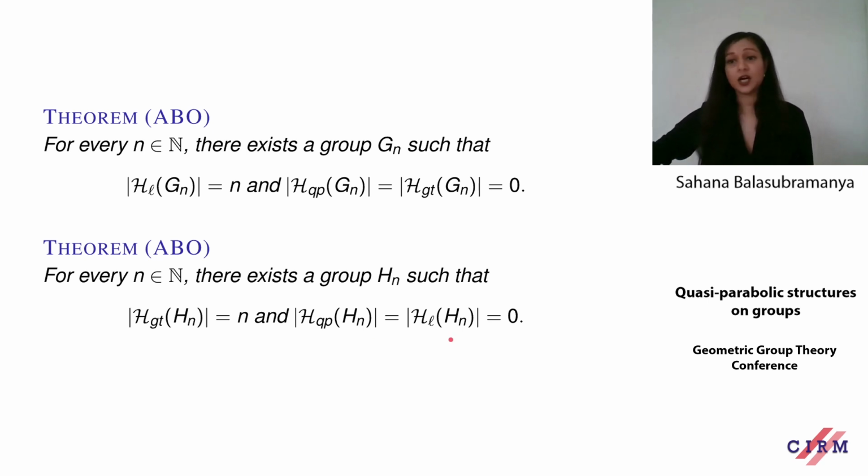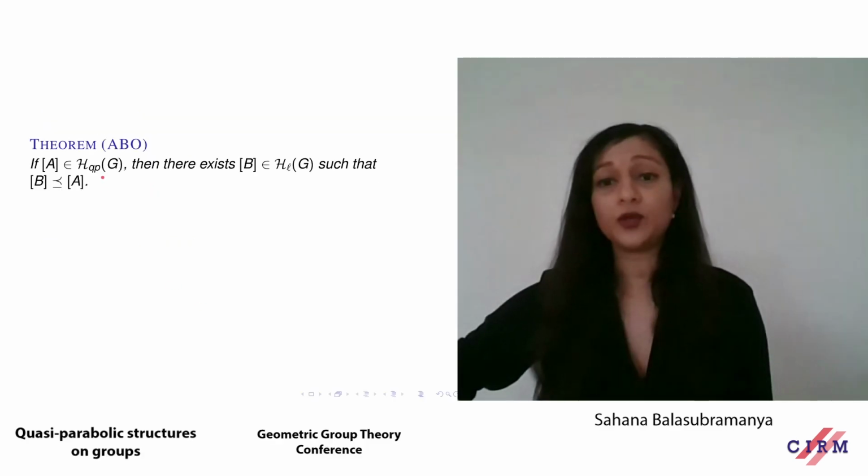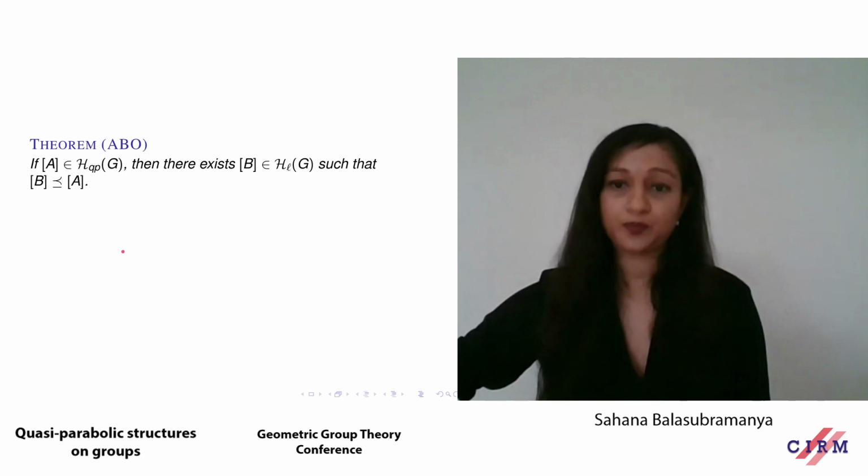And the natural question to ask is, can we do the same for quasi-parabolic structures? And the answer is no. Because if you have a quasi-parabolic structure on your group, you most definitely will have a lineal structure on your group, and they will be related in the sense that the lineal structure is dominated by the quasi-parabolic structure.